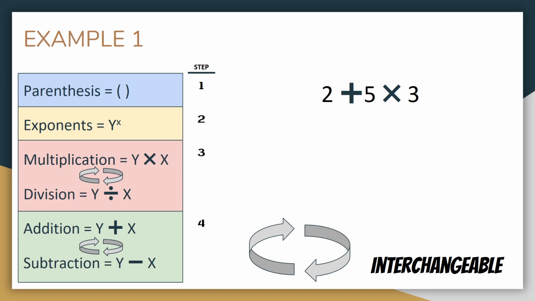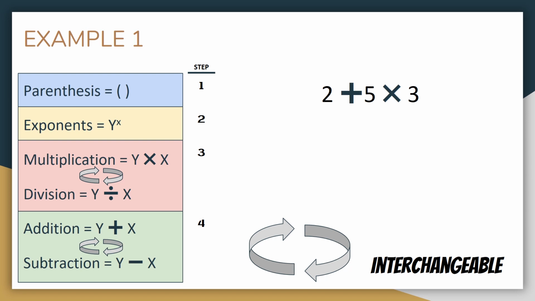So let's go up to the top portion where it says parentheses. If you see anything inside parentheses, you automatically know that stuff inside the parentheses has to be done first. Whenever you see parentheses, you work on that stuff inside there first before anything else.